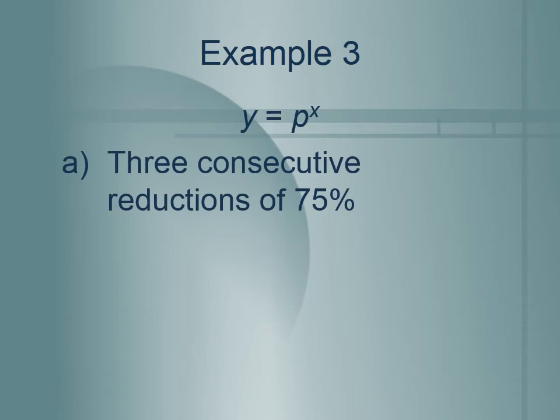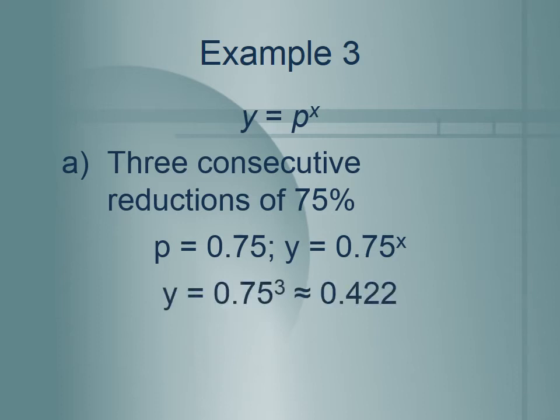So let's do an example. We're going to do 3 consecutive reductions of 75%. So our P is 75%, or 0.75, and our X is 3 because we're going to do 3 reductions. So our equation is y equals 0.75 to the x, and we're going to let x be 3.